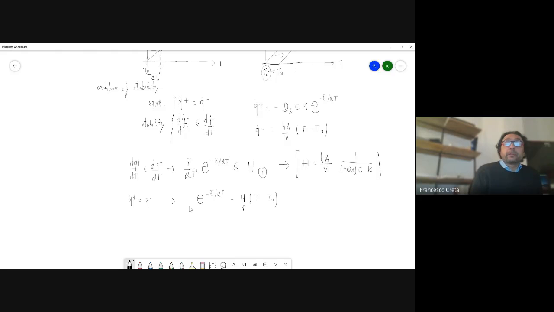So if we have 1 and 2, we substitute, for example, 2 into 1, so for example, we can eliminate this exponential here. We have this expression.